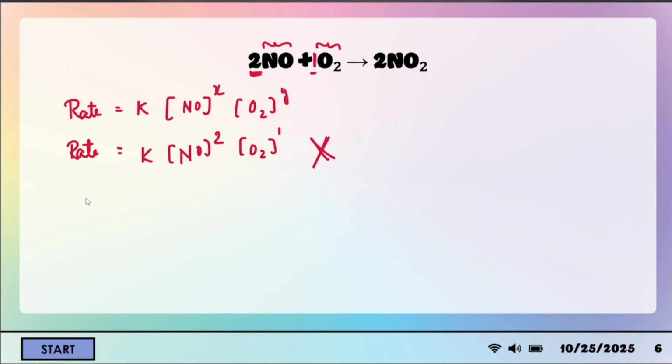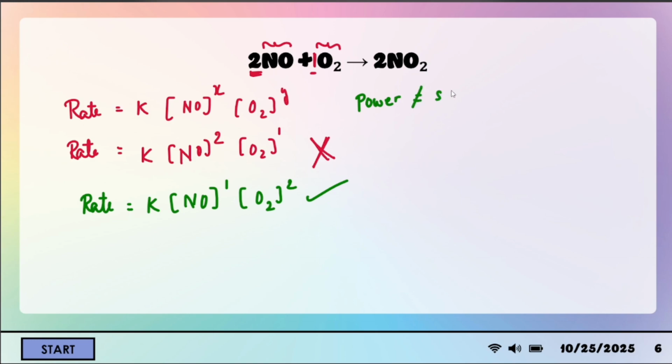So the correct one will be rate is equal to K [NO]^1 [O2]^2. So this is the correct rate law expression for the reaction. Because, children, here the powers in the rate law are not equal to the stoichiometric coefficients. This is one important thing to note. Here the stoichiometric coefficient is not equal to the power.